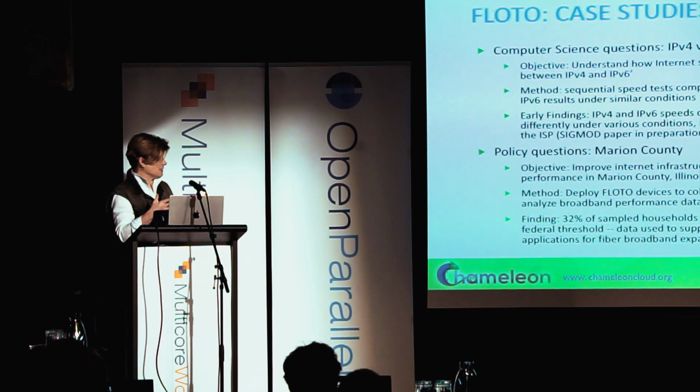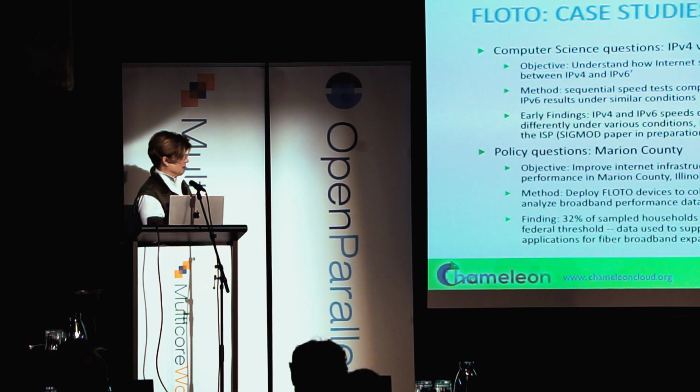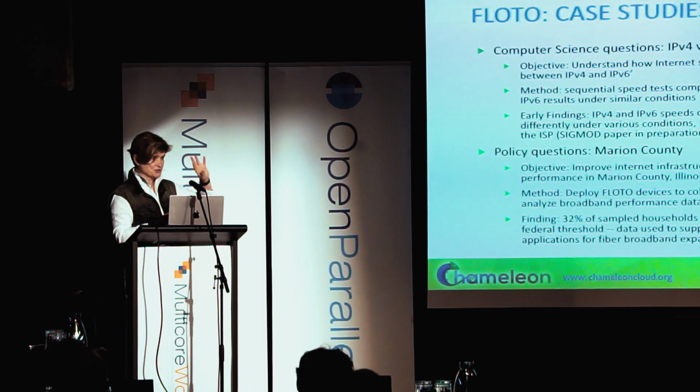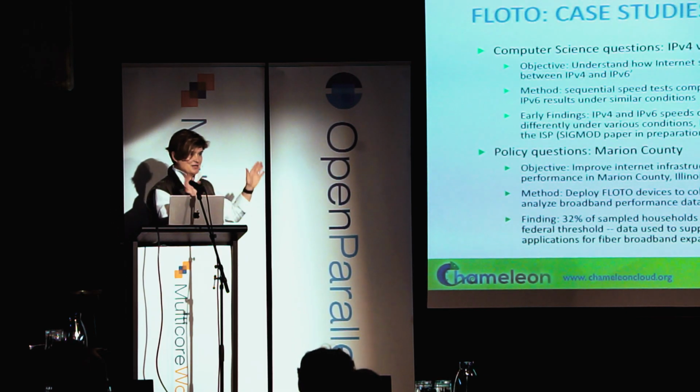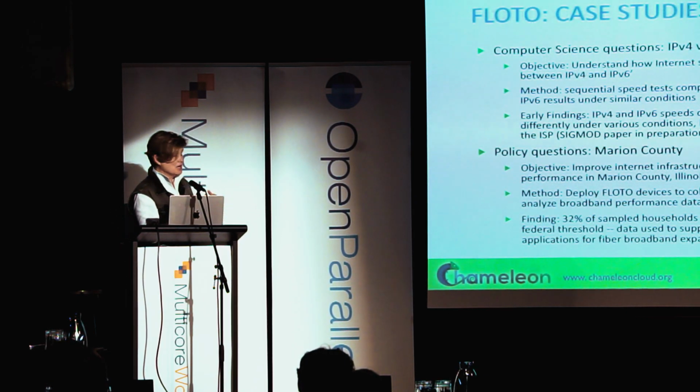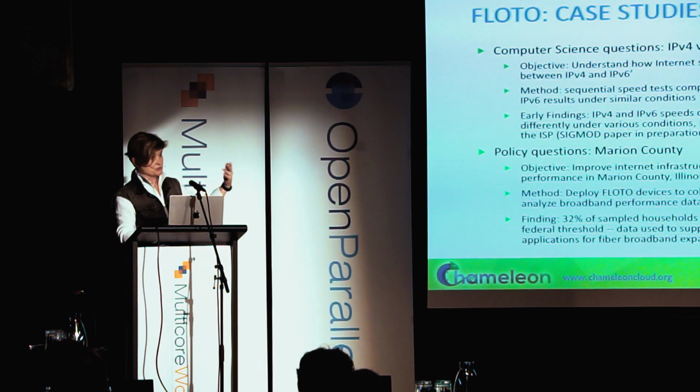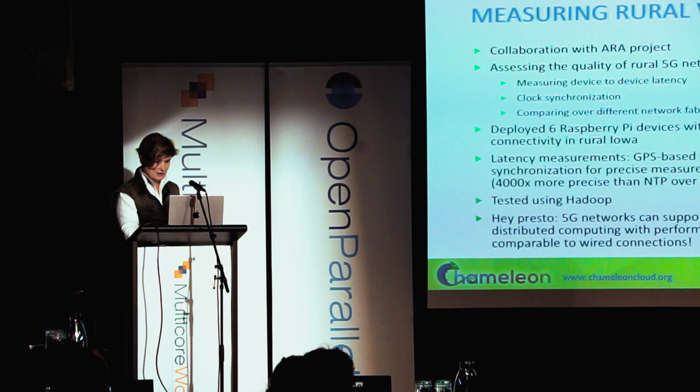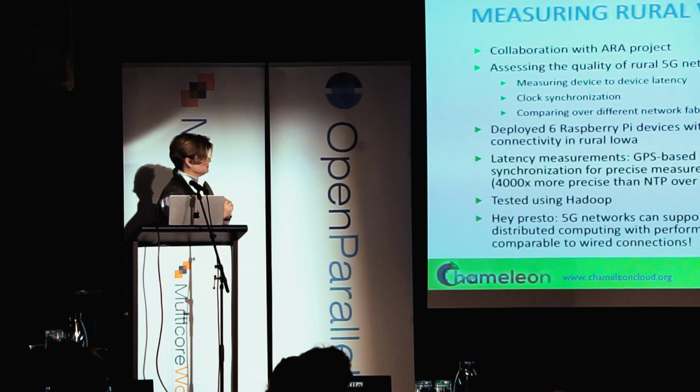So they use this data to support grant applications for broadband expansion. We had a similar situation in Beaver Island, which has the worst internet in the country, kind of thing. That one was used to challenge the FCC broadband maps, and they are doing it, we're doing wireless, we're doing broadband for the whole island.